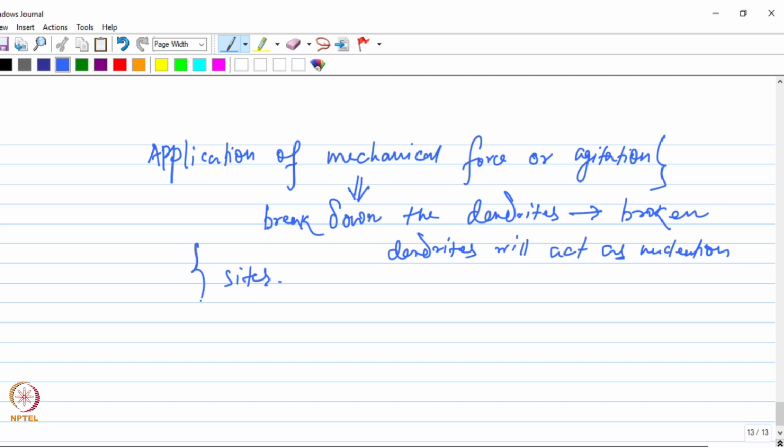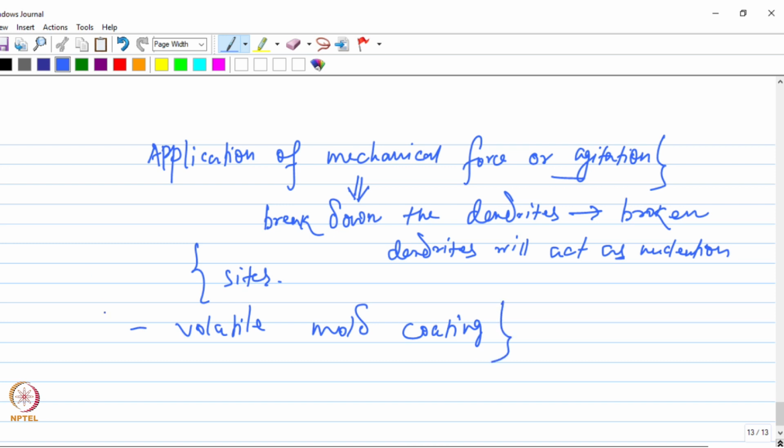And there are different ways by which you can do this agitation. For example, you can have some volatile mold coating, which will generate a large amount of gas vigorously, and that will create a lot of agitation in the liquid metal, right?